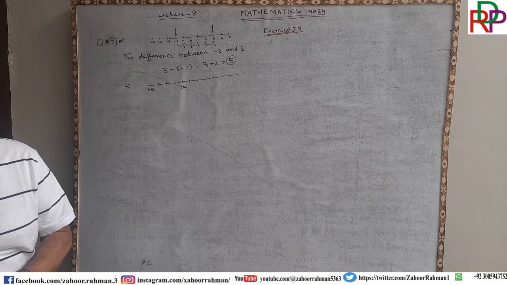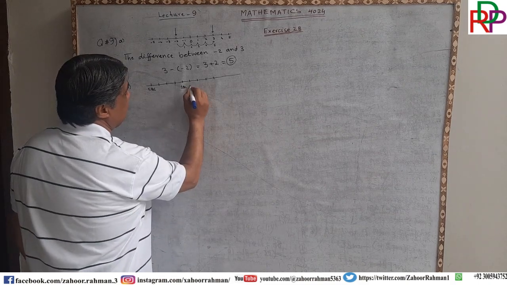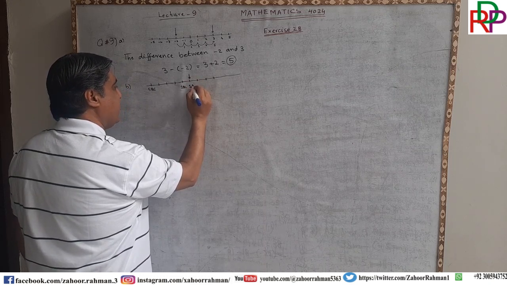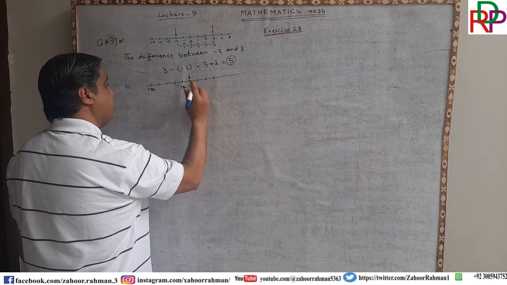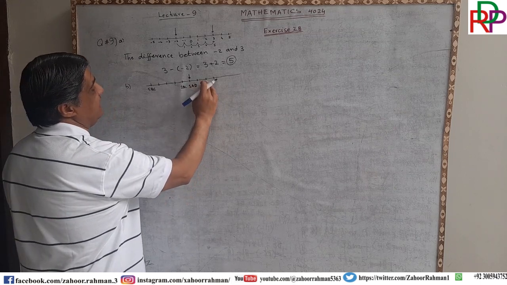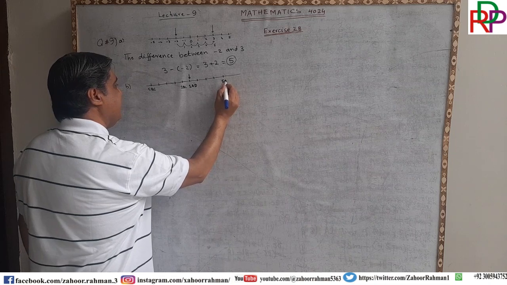On the right side, they have given us 1 AD. This line represents 1 AD, 2 AD, 3 AD, 4 AD, and 5 AD.